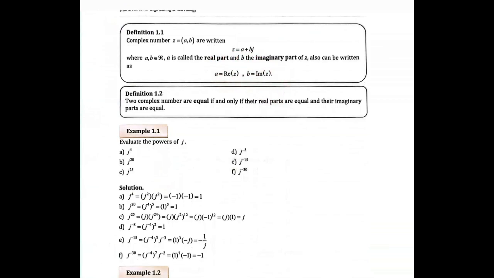For example, if we have z equal to 3 plus 4j, we can say that the real part of z is 3 and the imaginary part of z is 4.